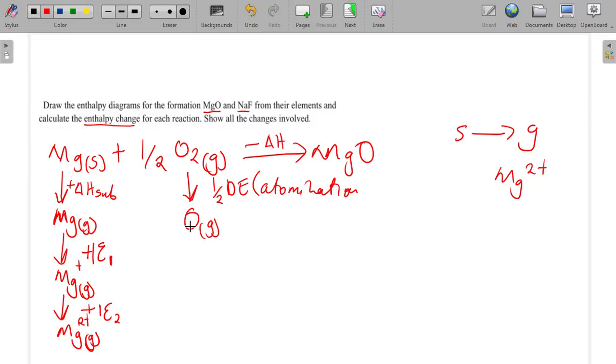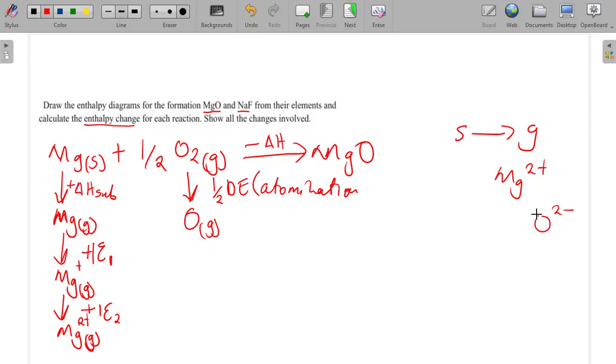Okay, so the next thing that we need to do, we also need to get the oxygen ion. You know that oxygen is 2 minus there. This minus means that oxygen needs to gain electrons. The amount of energy that you need to add electrons to the nucleus is what we call the electron affinity.